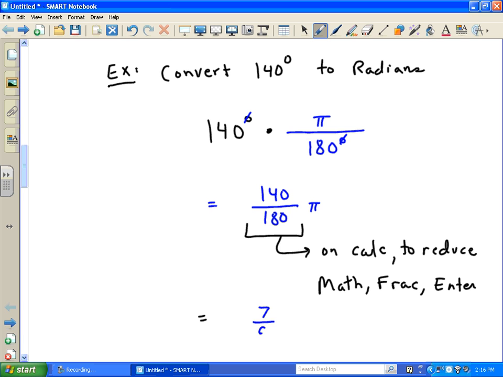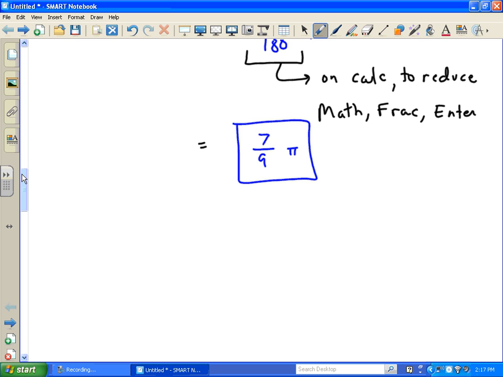This would be your answer. You see that there are no units on this answer. Because there are no units, it's understood to be in radians. If for some reason you forget and leave the degree measure on this, the answer is wrong. In other words, 7 over 9 pi degrees is not the same thing as 7 over 9 pi radians. So make sure that your degree symbol disappears.